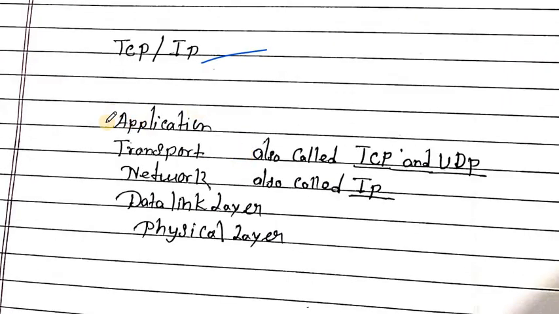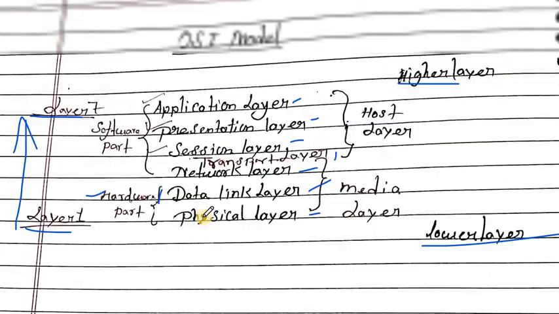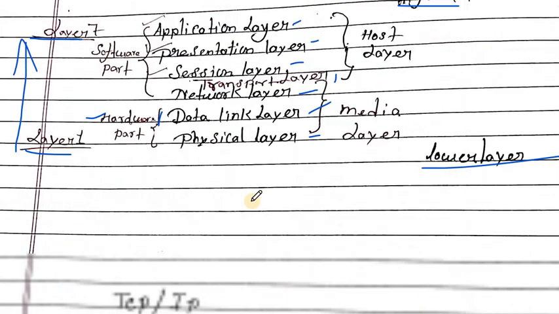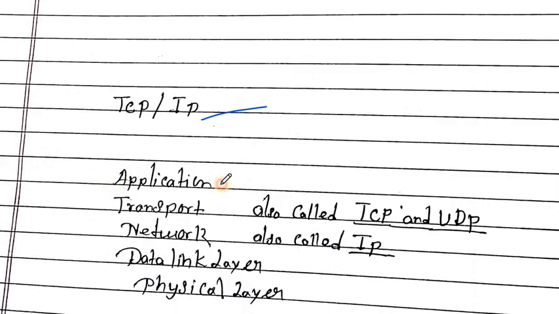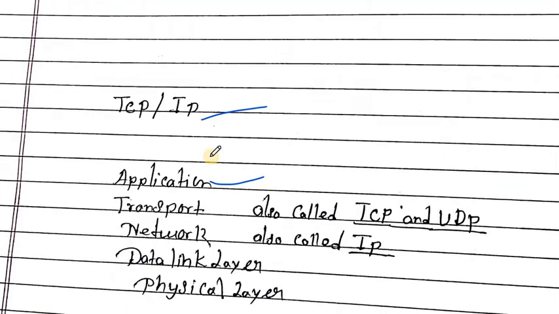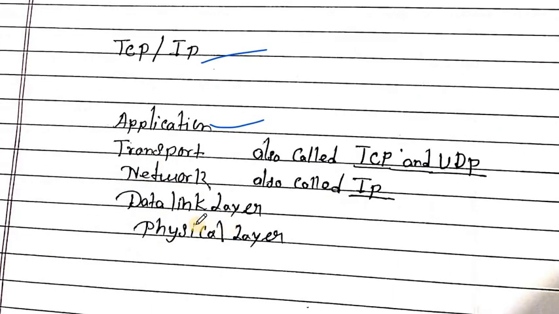So first we go to the TCP/IP model. In the TCP/IP model, there are 5 layers: application layer, transport layer, network layer, data link layer, and physical layer.